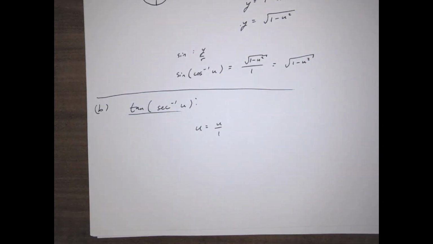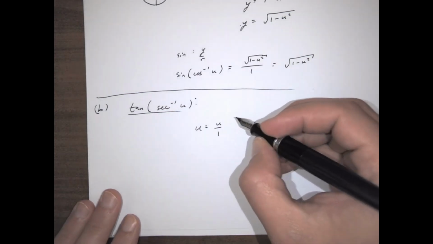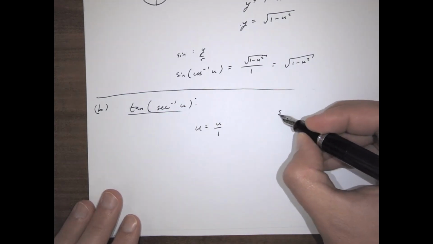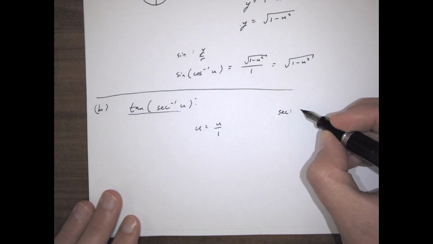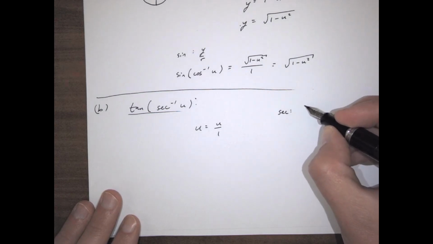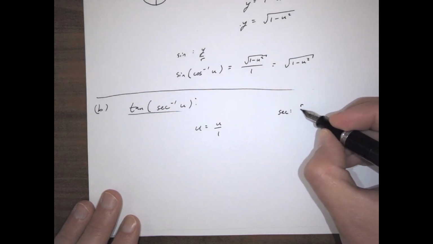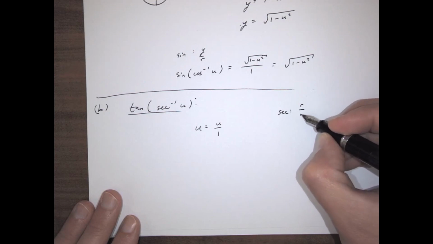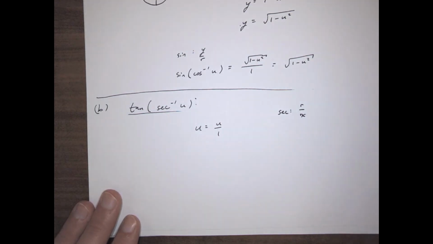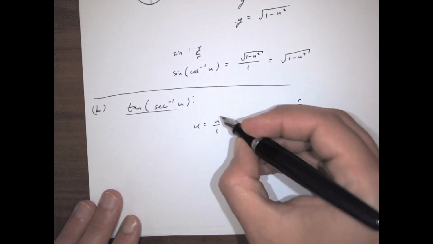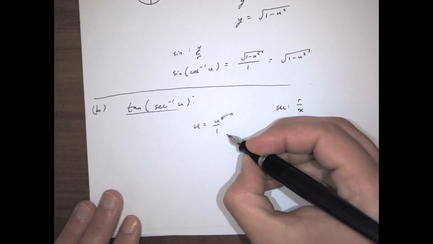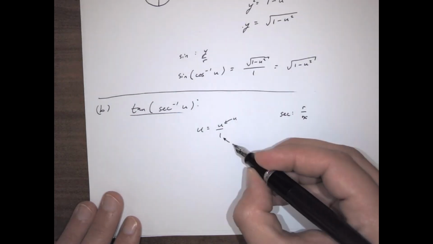And then each of these things is a ratio, so we'll just make it stand for whatever's convenient for us. So here now, secant, remember, is 1 over cosine, so it's the reciprocal, so everything is backwards. So if cosine is x over r, secant is r over x, which means now that our radius will be u, and our x will be 1.